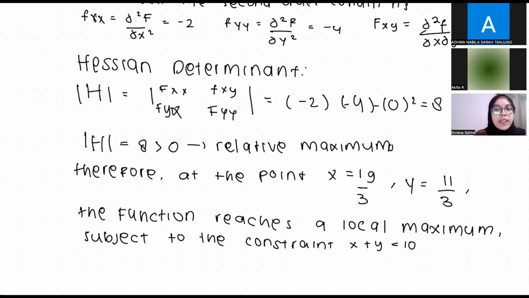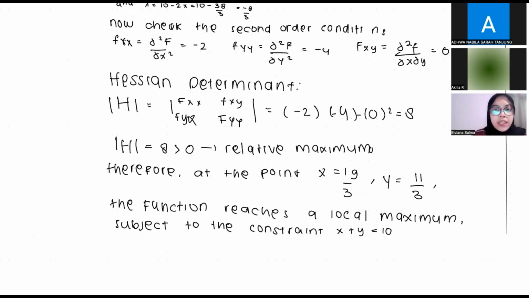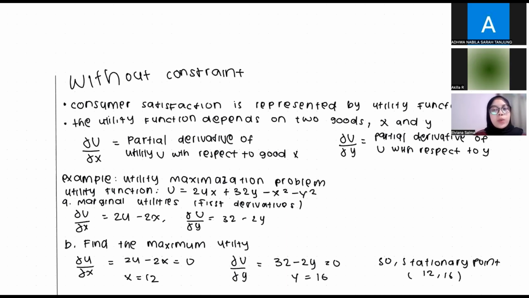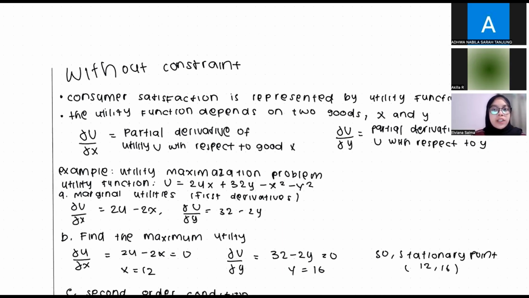Now let's look at the optimization without constraint. This is used when we want to maximize or minimize a function without any restriction or condition.